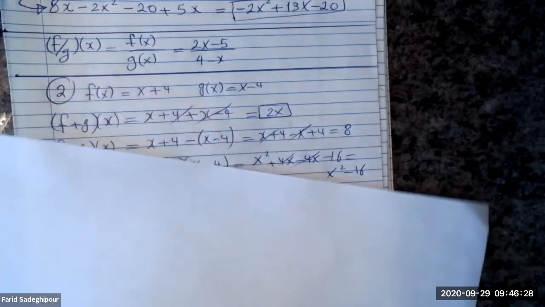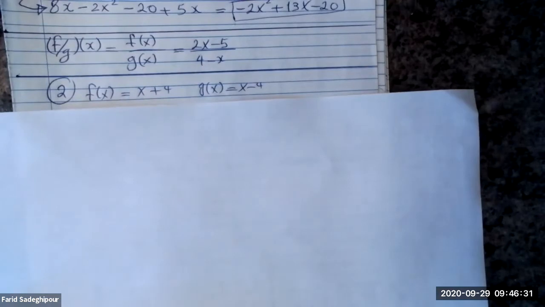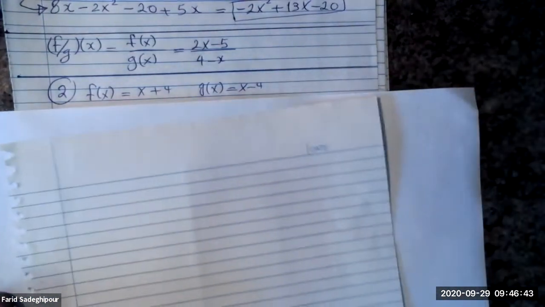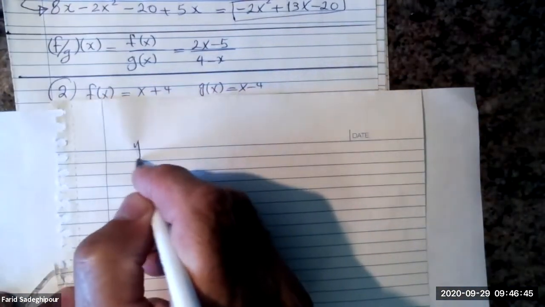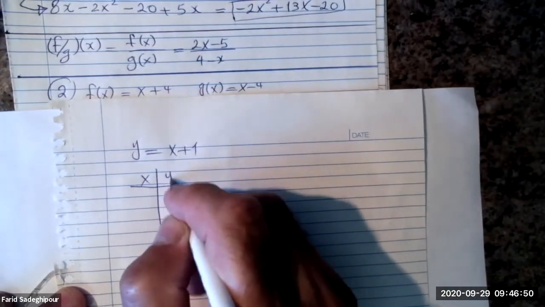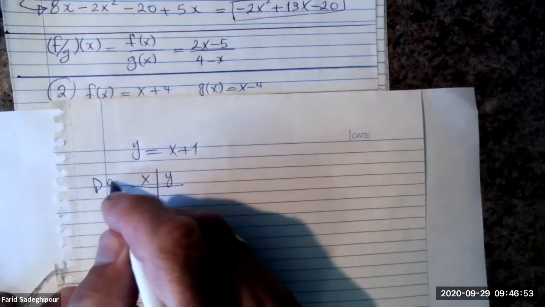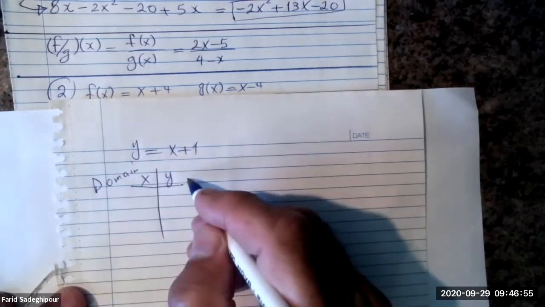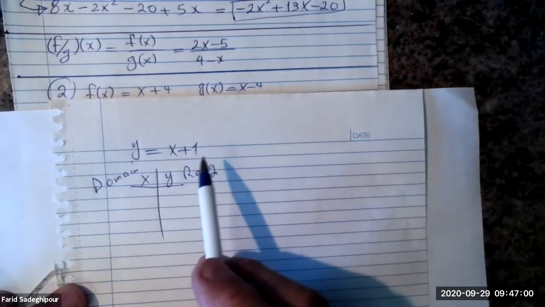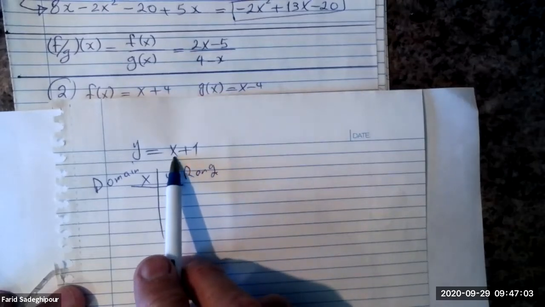You know, when you have a function like a fraction like that, let's say you have this type of function here. You have y equals x plus 1. When we say domain, we're talking about the x, and y is the range. Now, if we ask you what is the domain, can you substitute any number for x?